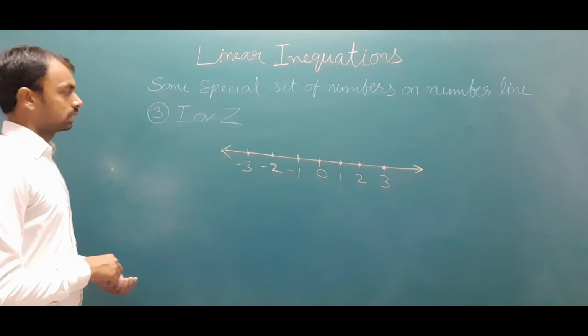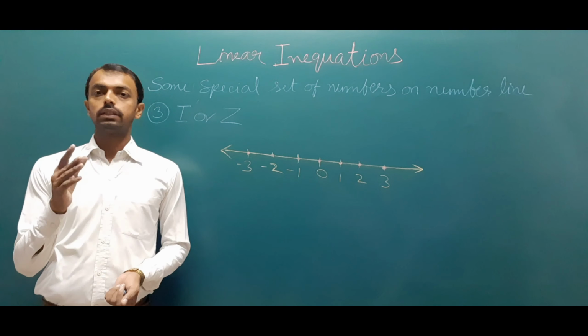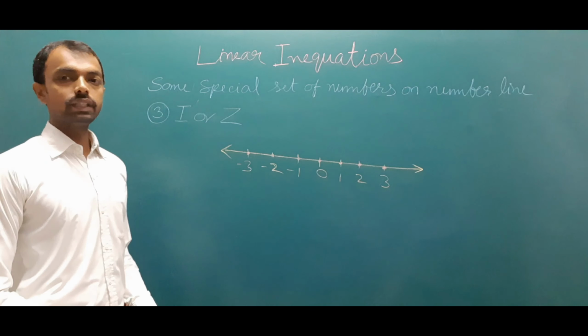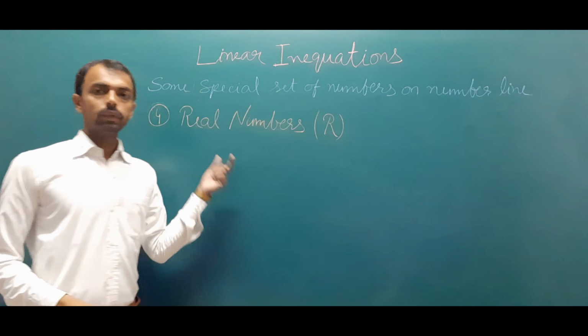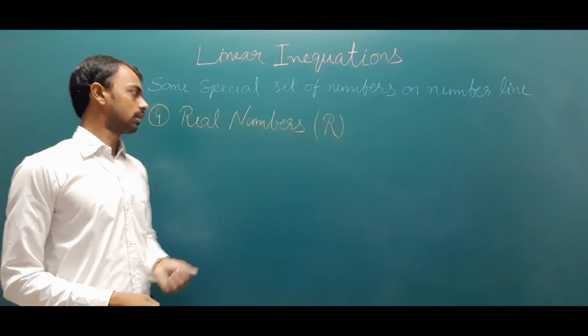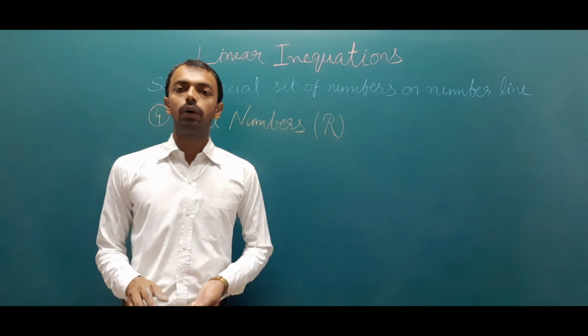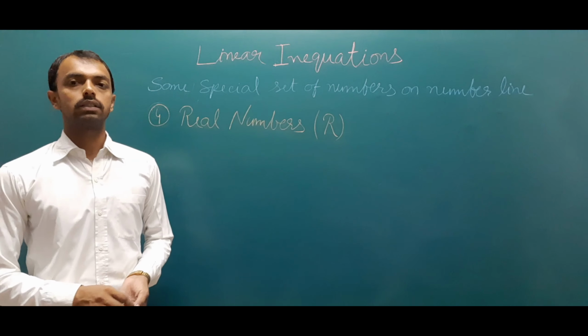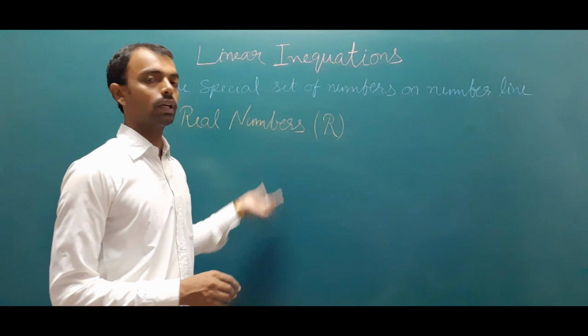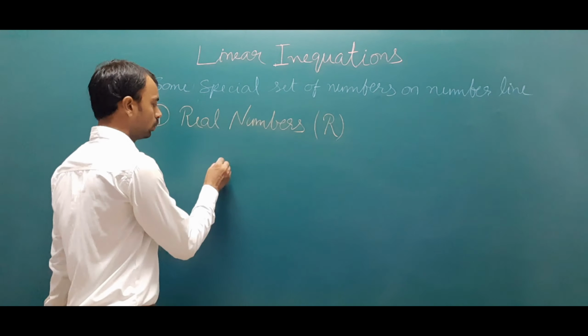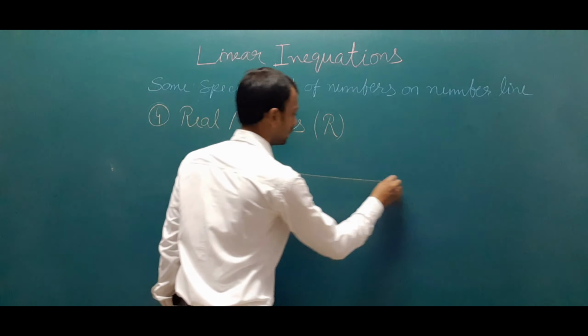Now we will discuss the most important one, that is real numbers. How do we represent real numbers on the number line? Real numbers are denoted by capital R, and they include all the negative, positive, fractional, rational, irrational numbers. So how do we represent them?